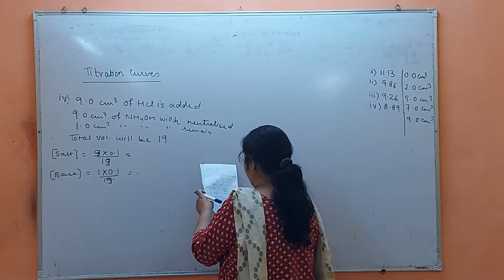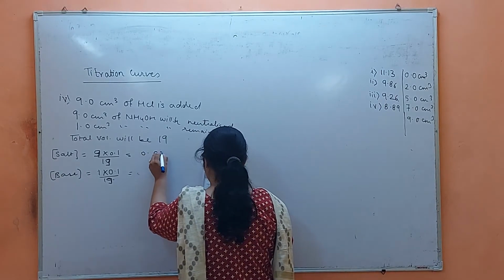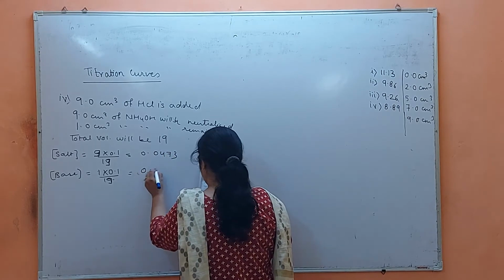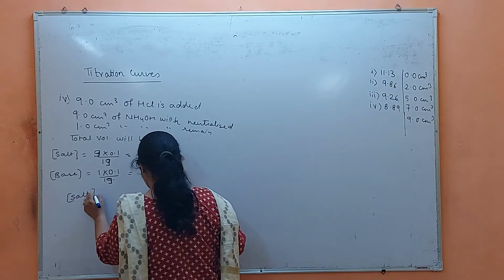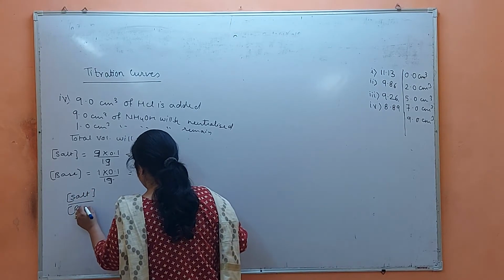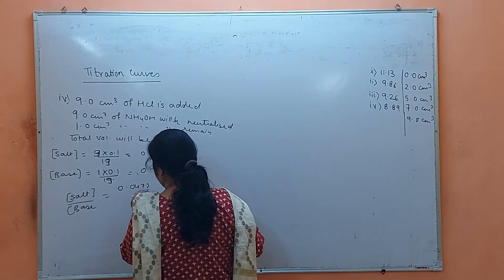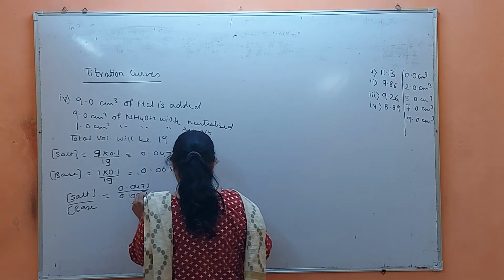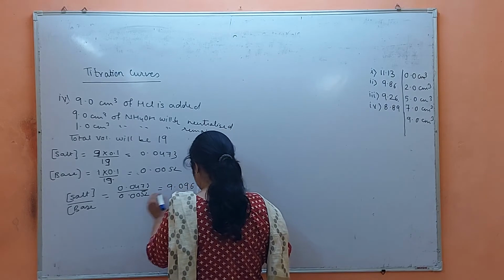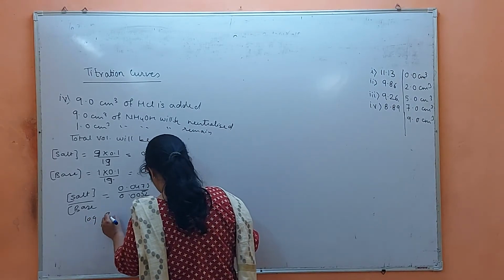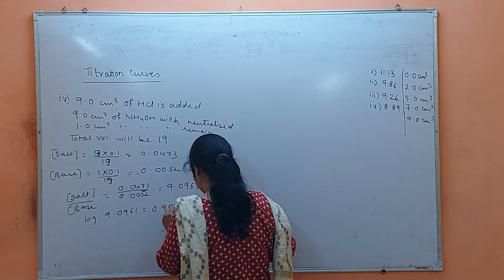So see here, salt concentration will be 0.0473, and base will be 0.0052. Now salt by base, 0.0473 upon 0.0052, comes out to be 9.0961. Now log of 9.0961 comes out to be 0.9588.